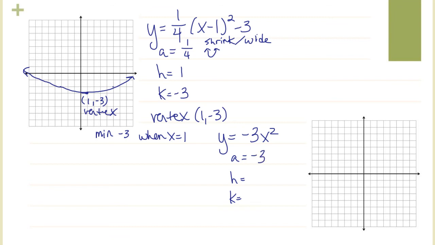That means it's going to be narrow, or really we want to call it a stretch. And it's going to open down because it's negative. H and K are both going to be 0. So pretty easy to graph. A vertex of (0, 0). It's going to be even narrower than the last narrow one I had.